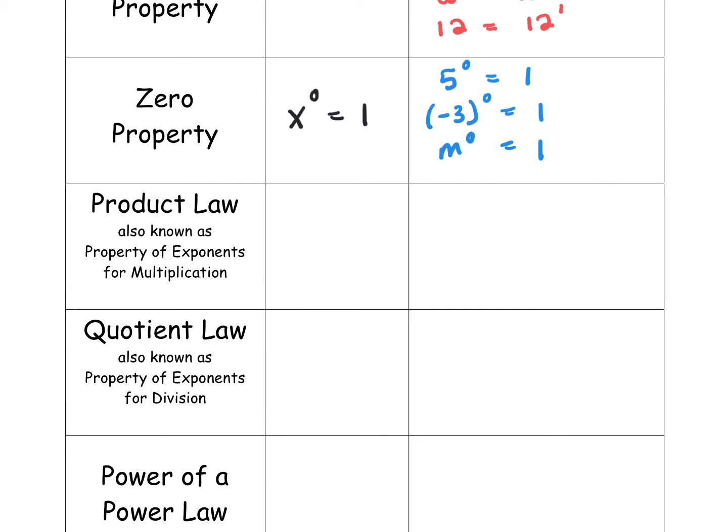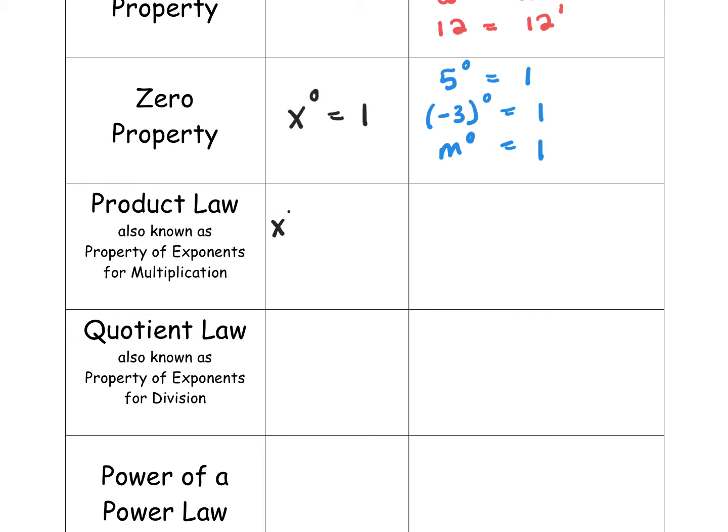So here's the final law or property that we talked about in our last lesson, and we're going to write it again, how they'd write it as a rule. We would start with, again, we're going to call the base x.